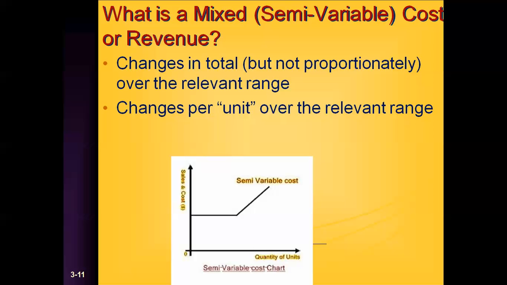You only pay one utility bill for that factory. But let's say your business becomes really successful and you open another factory. Well, now you have two utility bills, one for factory number one, one for factory number two. So the mixed semi-variable costs will change as a result of your success.